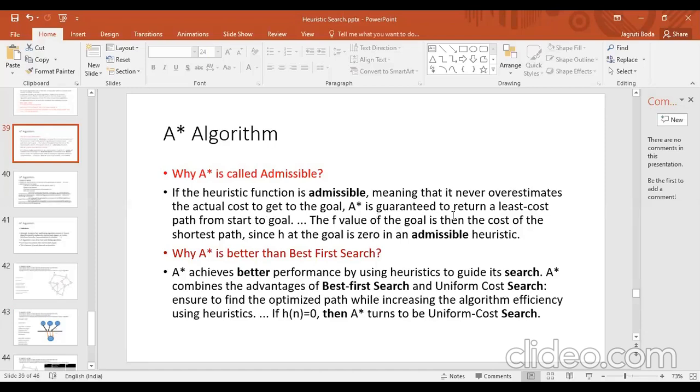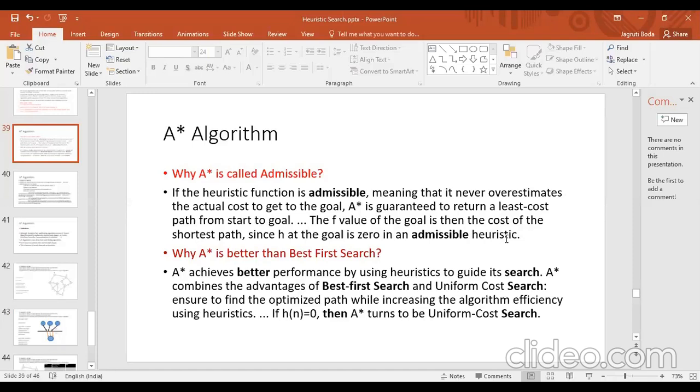The f value of the goal is then the cost of the shortest path, since h at the goal is 0 in an admissible heuristic. So why is A-star algorithm called admissible? A-star algorithm provides the guarantee that it gives the minimum answer to reach your goal state and also provides the optimal answer. So it is called admissible.